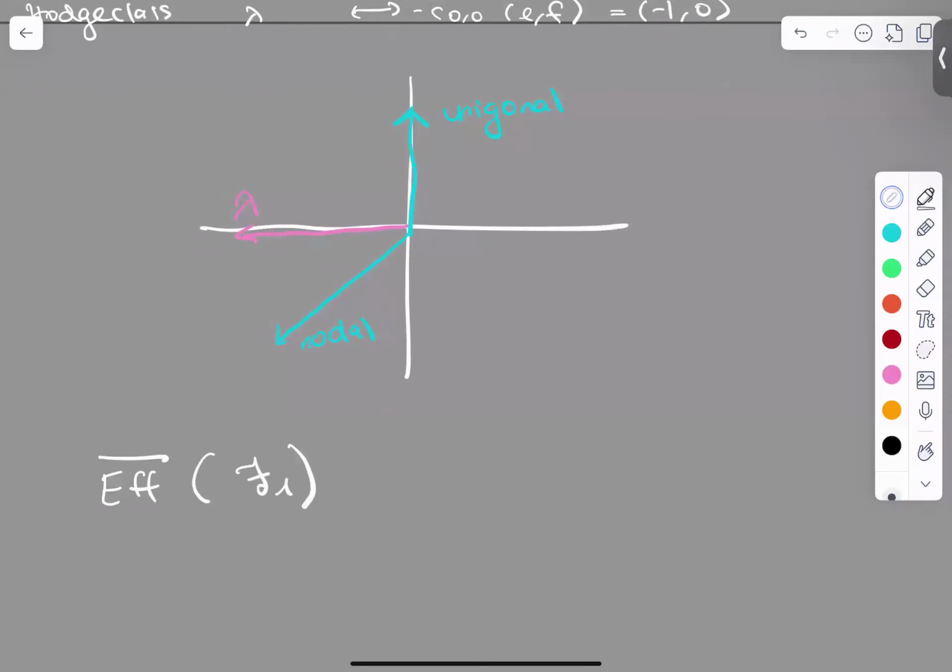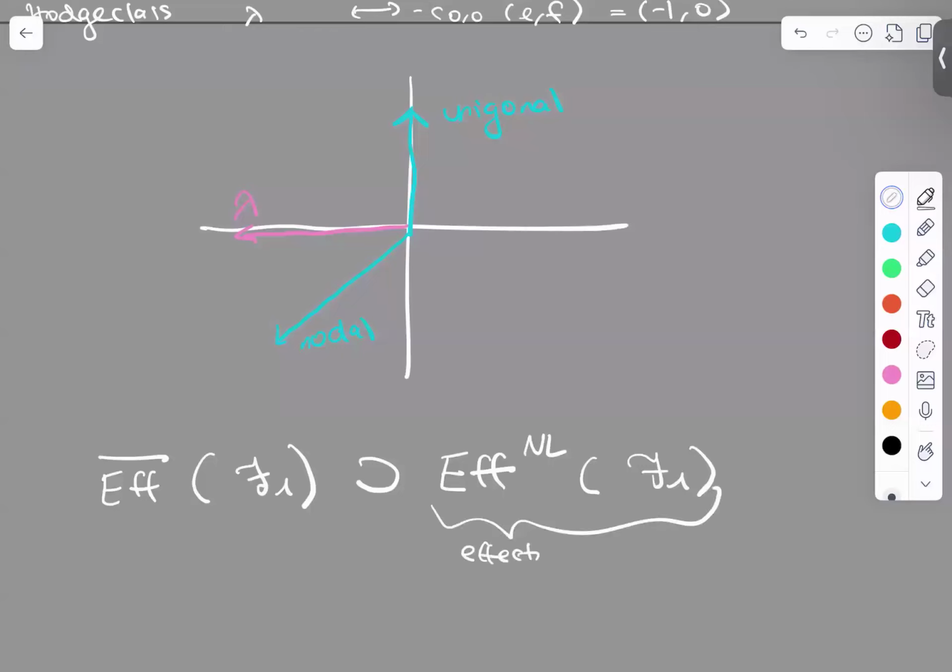But within here, there's a very natural subcone, which I'm going to denote F and L, of F lambda. This is the effective, or positive linear combinations, of the Heegner divisors, which we said are equal to these NL divisors. So I have some subcone that's generated by these Heegner divisors.